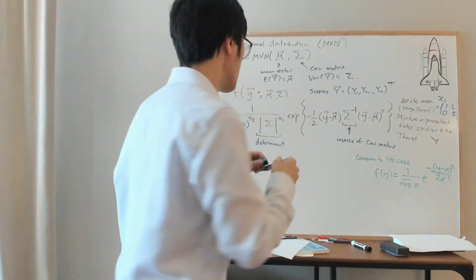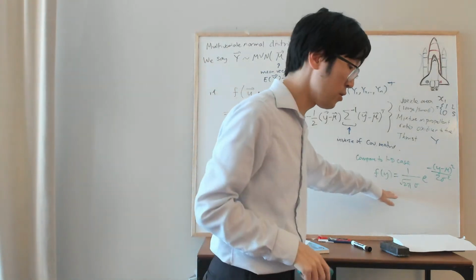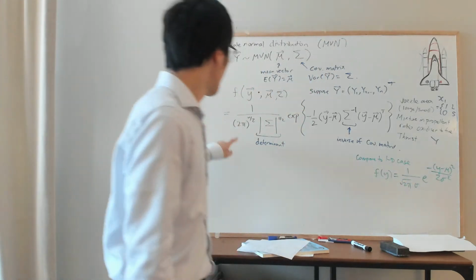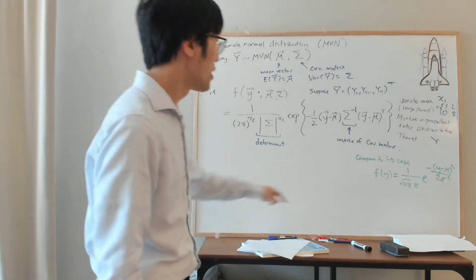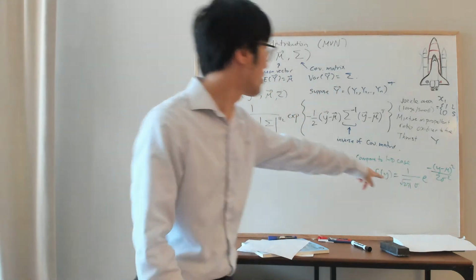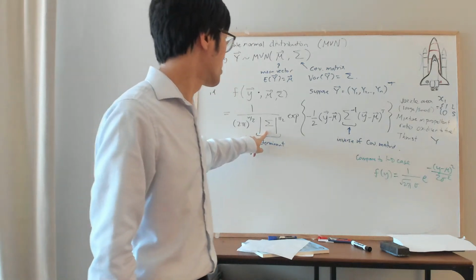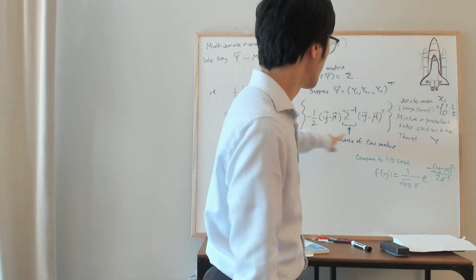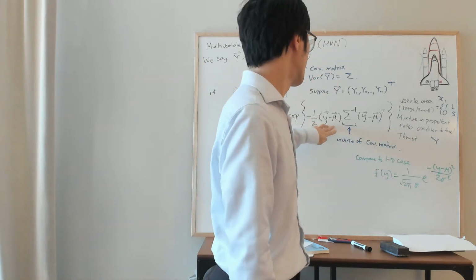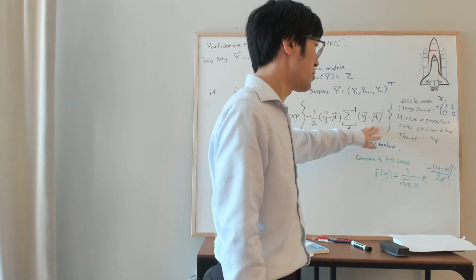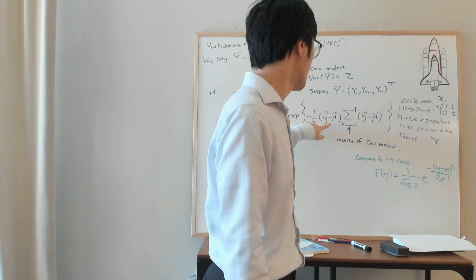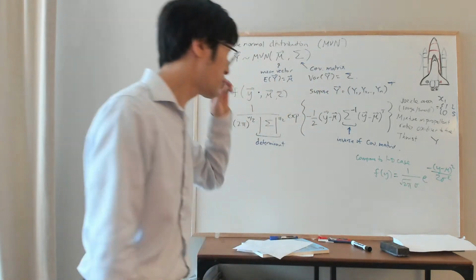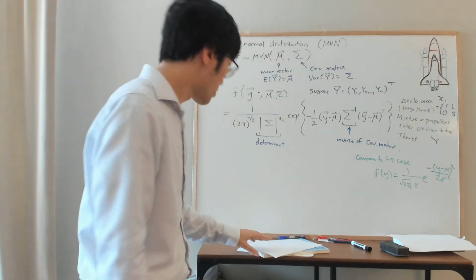So this is the multivariate analog to this density function. Instead of 2 pi to the half, we now have 2 pi to the dimension n over 2, and sigma down here is now the determinant. Instead of y minus mu squared, again we have y minus mu with the matrix multiplications with the y minus mu vector and the inverse. So this inverse is analogous to sigma squared on the bottom in the 1D case.